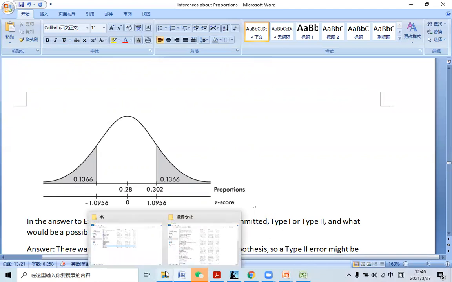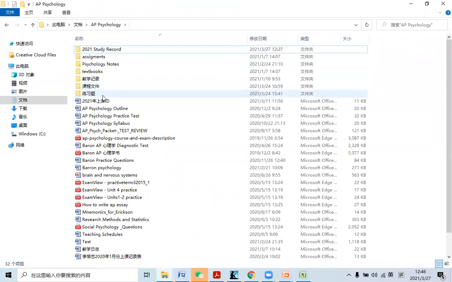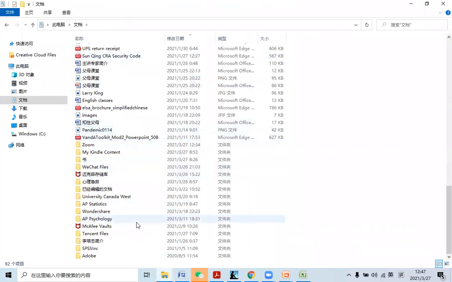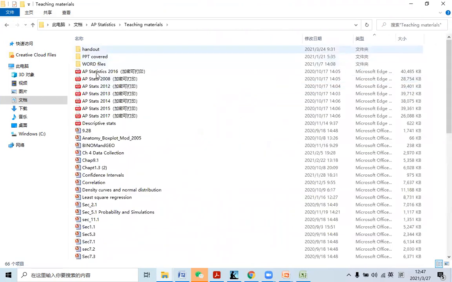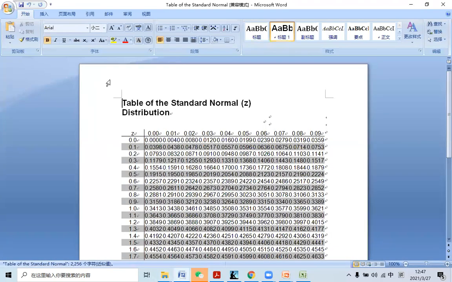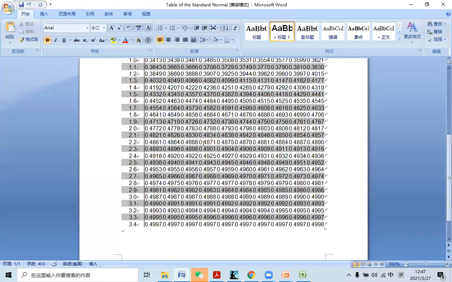So I need the normal table of a standard normal distribution. 45% on each side. Let's see, 45% on each side. Where do I have that?